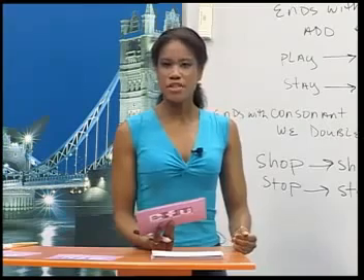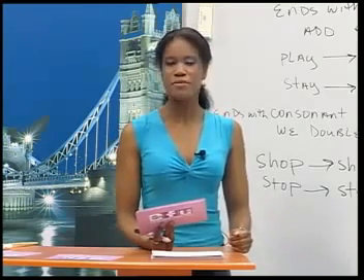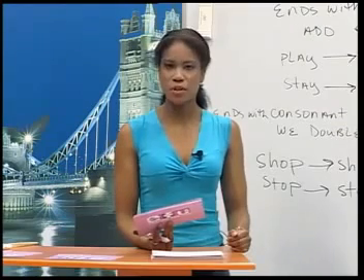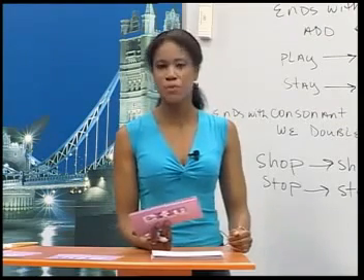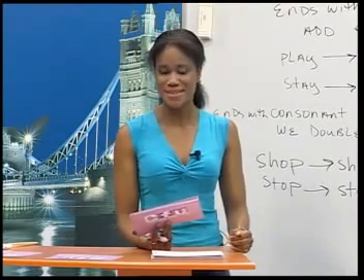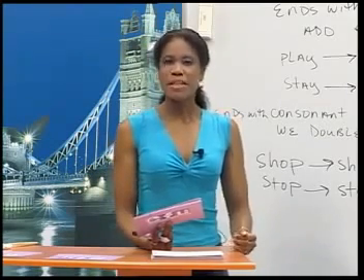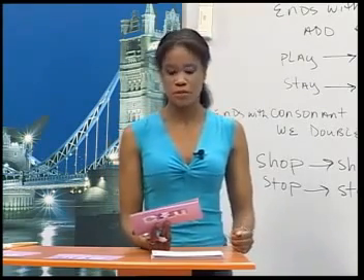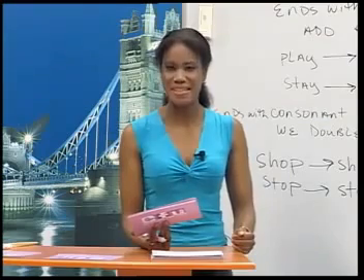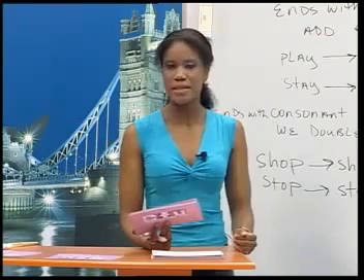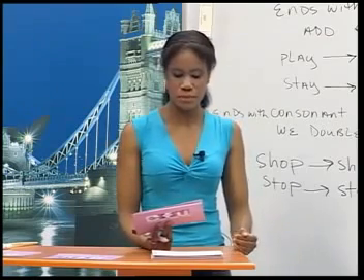When we answer the question with a positive verb, of course, we have to change the main verb to its past tense form. In this case, we changed go to went. But when the answer is negative, we change the helping verb from don't to didn't, and the main verb stays the same in its simple form.